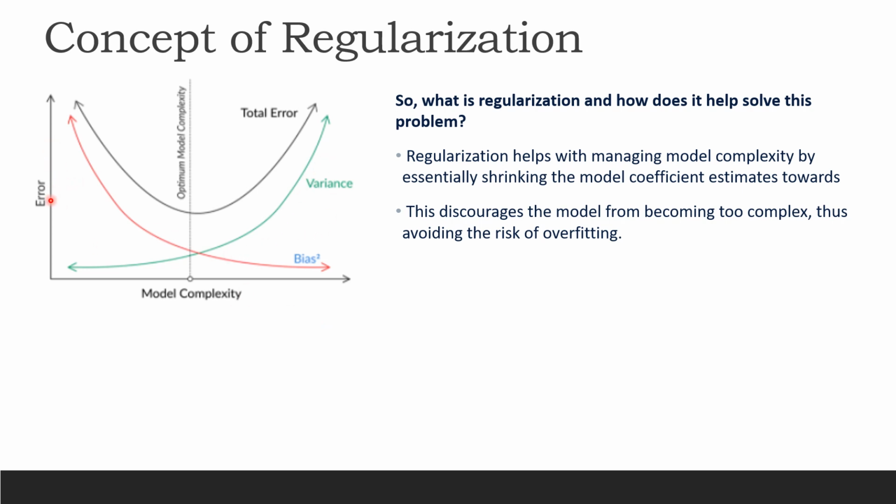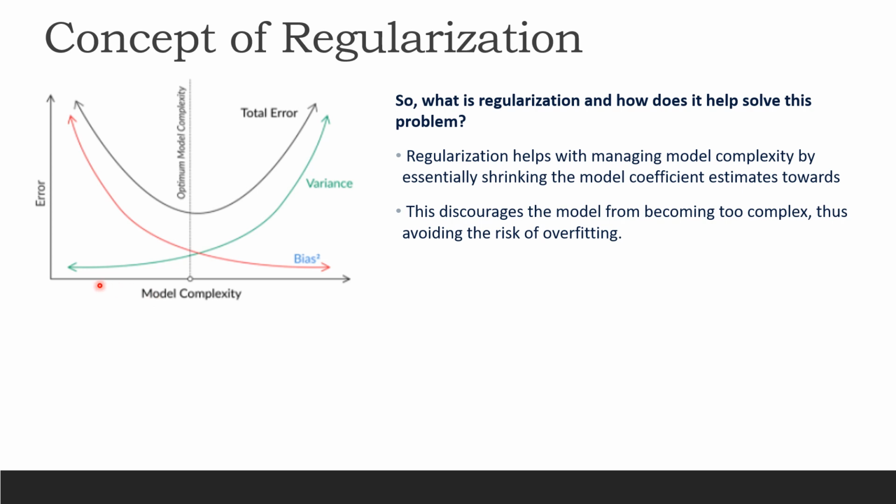If we have a model which has understood the trained data very well, the error would be low. But again, what happens is the variance, or the difference or the error terms in the test data, will go high.